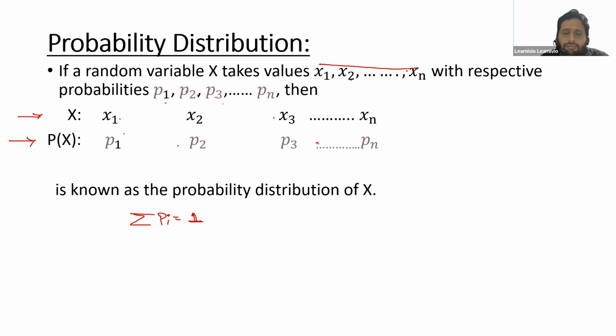In a 1 mark question, they can give you the probabilities and ask whether this is a correct probability distribution or not. So first you need to check whether the sum of the probabilities is 1. Second, always remember probability is from 0 to 1. So if the probability is negative, reject that. If the probability is greater than 1, also reject that. Please note this down.